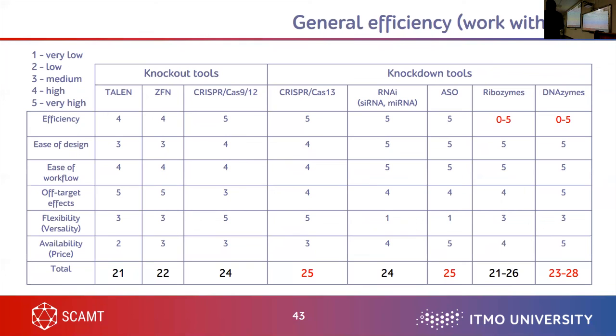The tools were assessed by marks for the following criteria: efficiency, ease of design, ease of workflow, artifacts, flexibility, and availability. And there is a total mark assigned for every criterion of each knockout and knockdown tool.